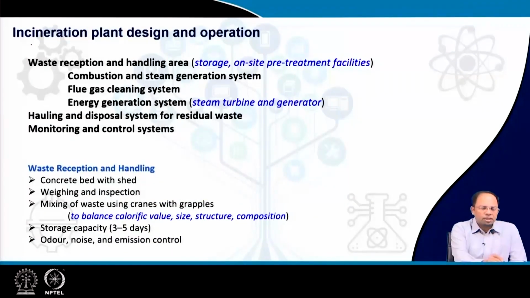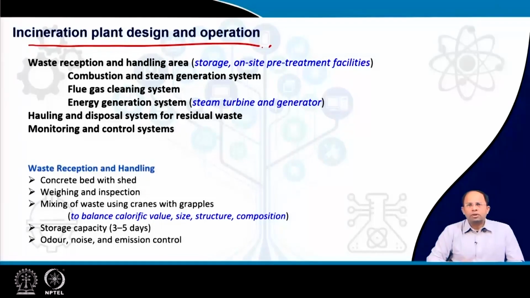Coming to incineration plant design and operation, the plant system design is very important. Why? Because the system design has to be aligned with what kind of waste we are getting. Not only that, based on the final emission standard that we have to reach, there have to be certain criteria using which we design our system.